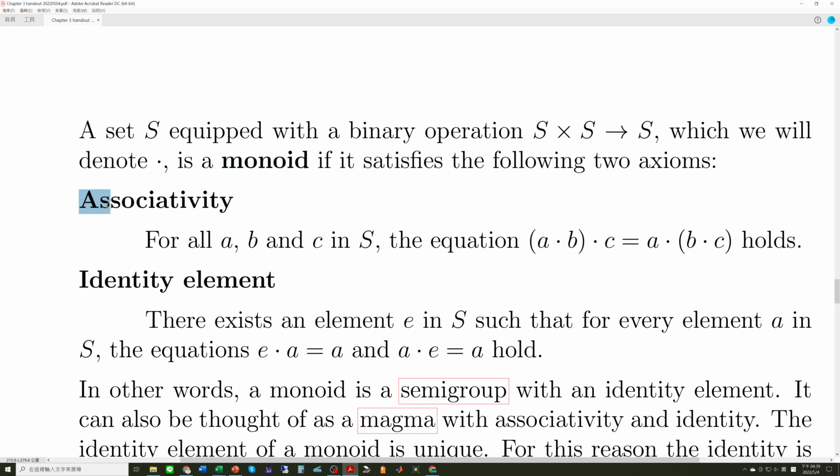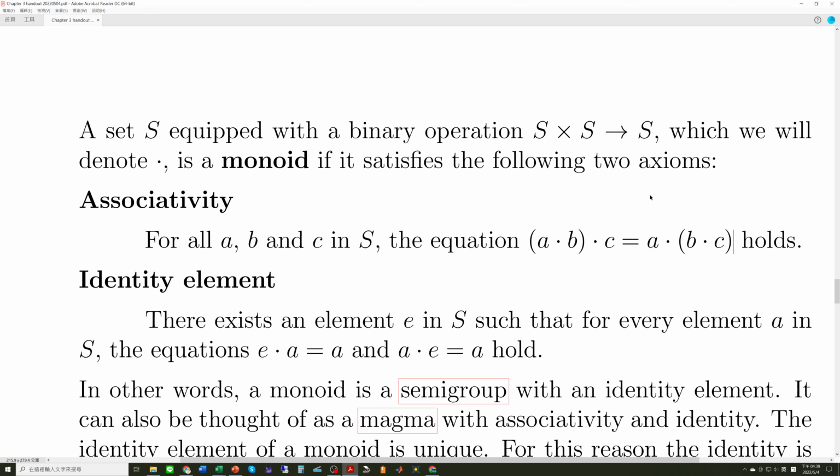The first one is associativity. For all A, B, and C in S, the equation (A dot B) dot C is equal to A dot (B dot C).